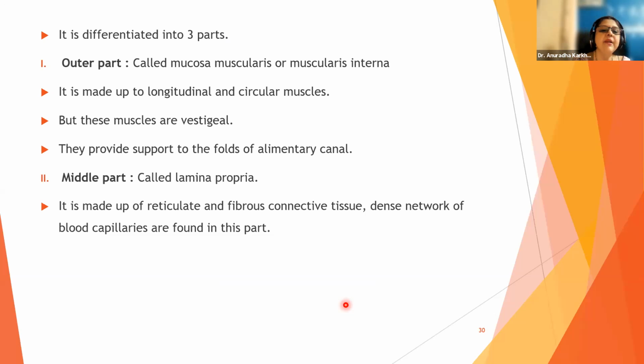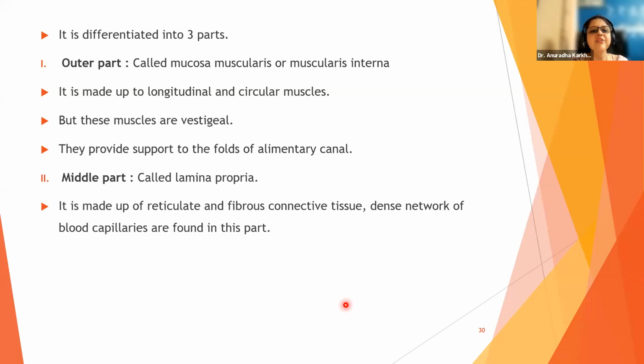Okay. The middle part is going to be called lamina propria. Do you remember this word lamina propria? We had done it earlier somewhere. Do you all recollect that word lamina propria? Or no? Yes, the reproductive system. Lamina propria, female reproductive system. Yeah, exactly. Yes, beta. Correct, correct. Palak, very correct.